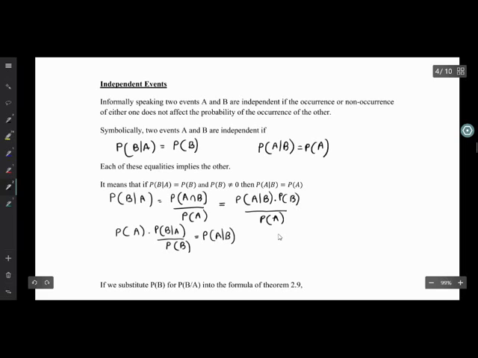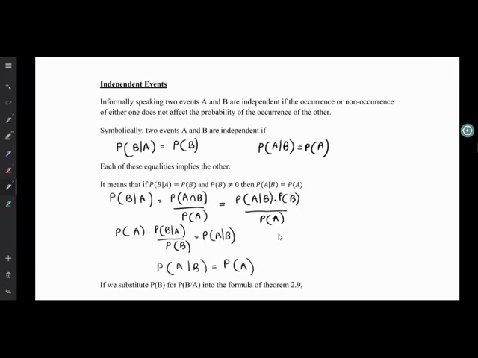Okay, so which means you multiply your left hand side, P(B given A), by this P(A) and divide by P(B). So we end up with P(A given B) to be P(A), because P(B given A) is P(B).